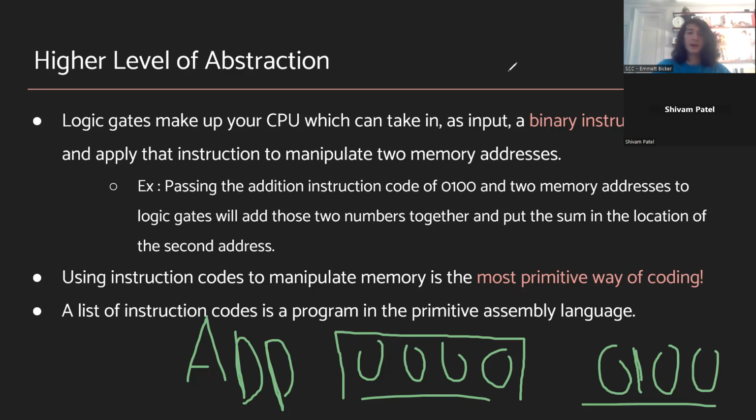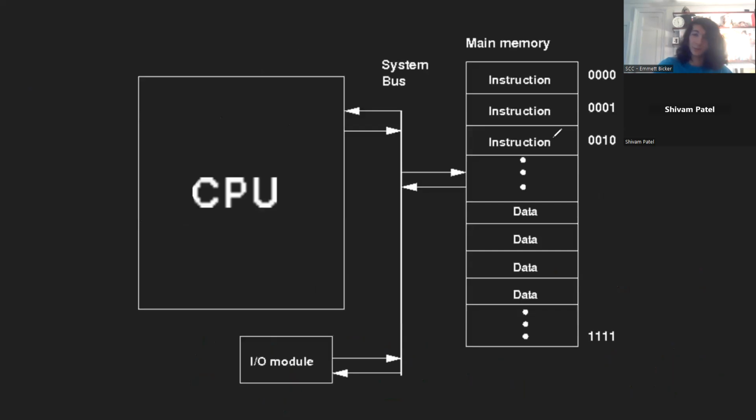But anyways, going over to the CPU, this is maybe a bit more complicated than it needs to be, but your instructions will just be at some point in your memory. I'm pretty sure it usually is the very top of your memory. Your CPU will read in these instructions, which are stored at the top of your memory.